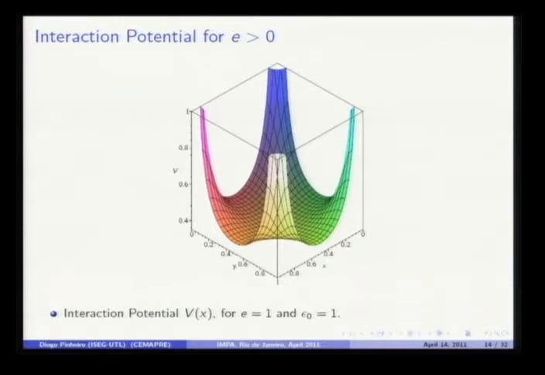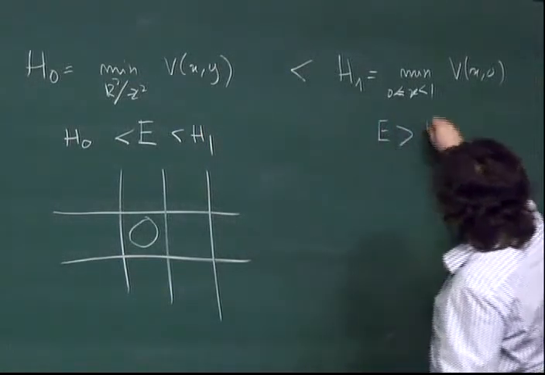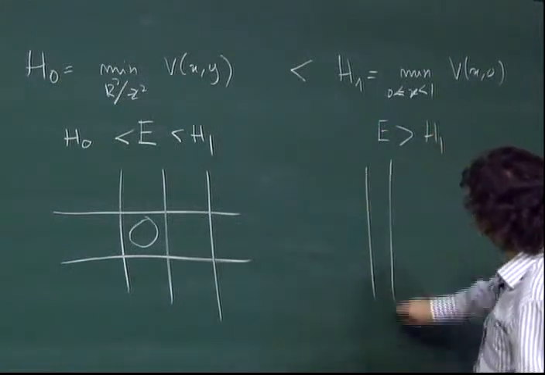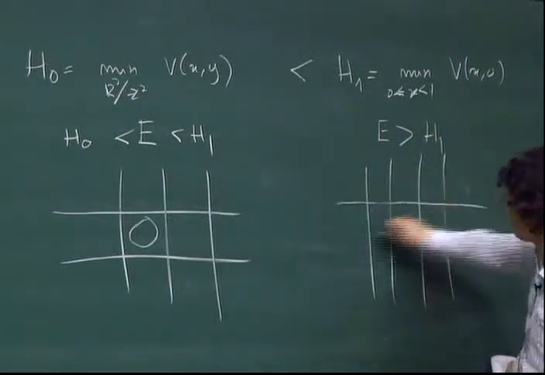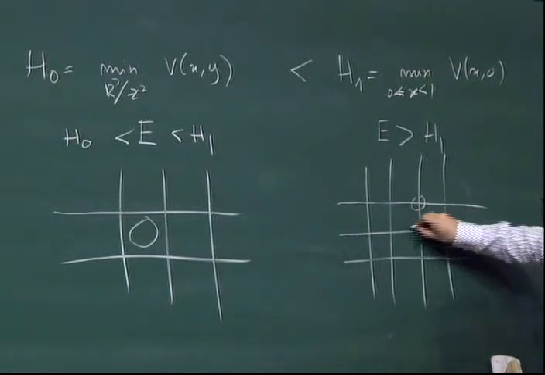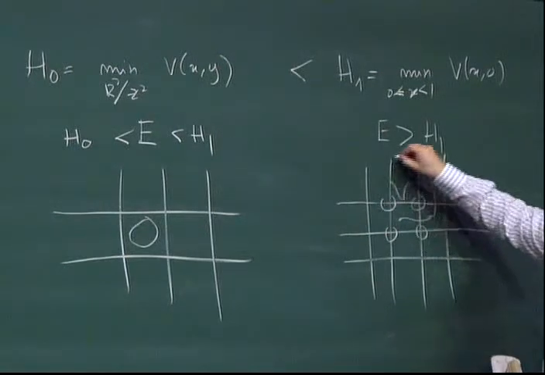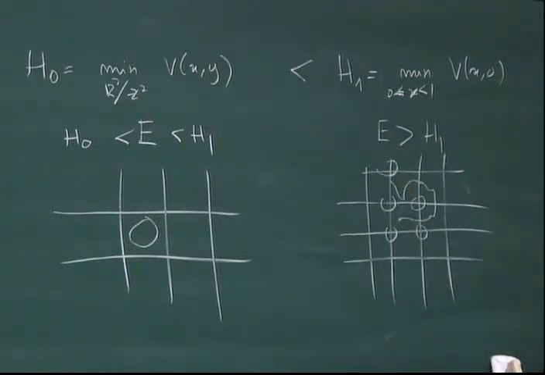So if your energy E is between H0 and H1, and you have your lattice, your particle is confined to regions on each cell. So you cannot move from one cell to the other. If your energy is above H1, then your particle is able to move in the lattice from one cell to the other, but the motion is always bounded away from the singularities.